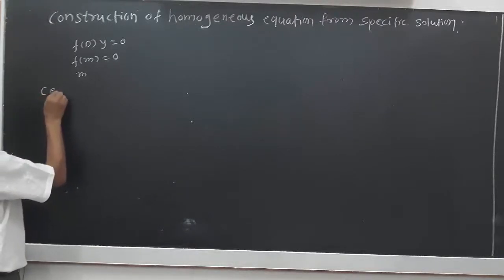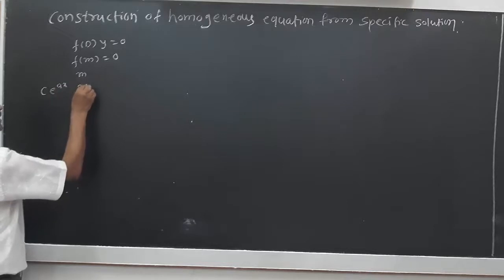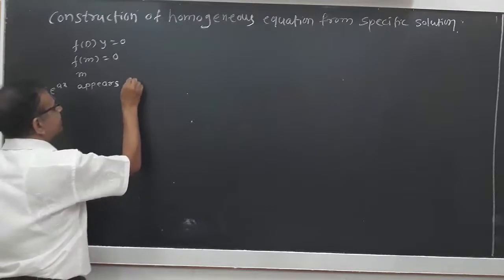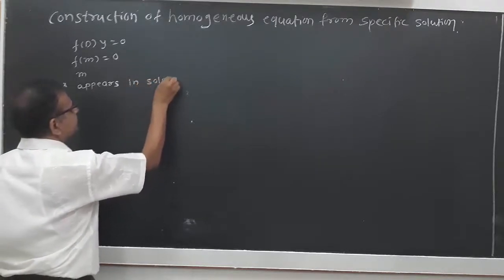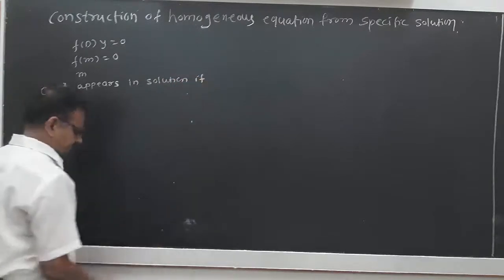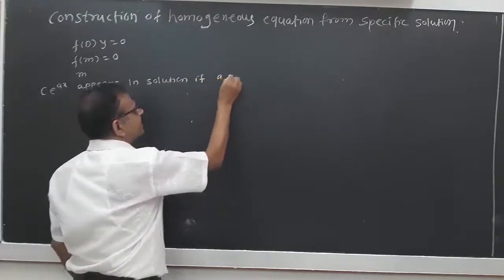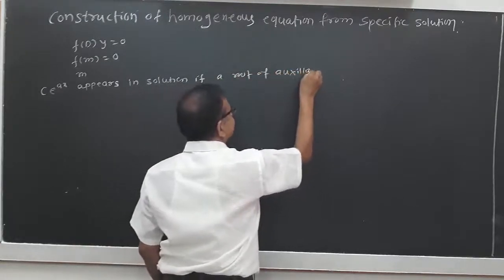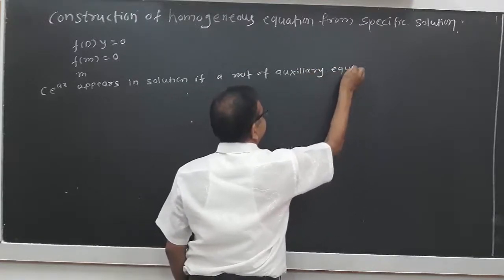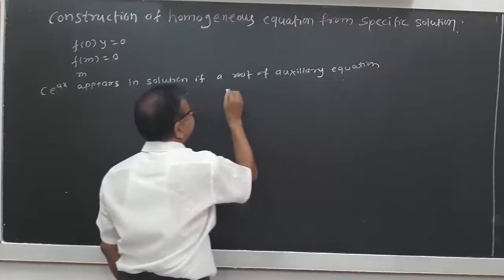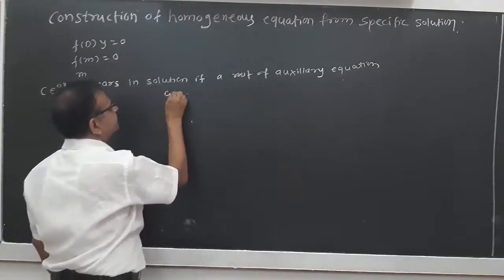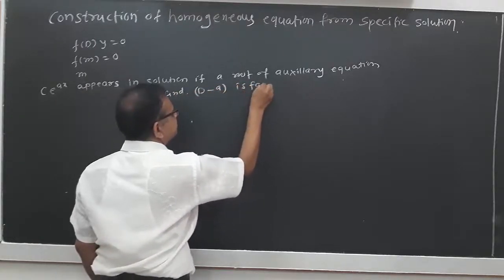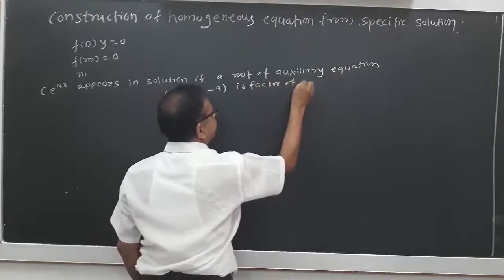Now, if we observe, c e raised to ax appears in the solution if a is a root of the auxiliary equation, and D minus a is a factor of the differential operator.